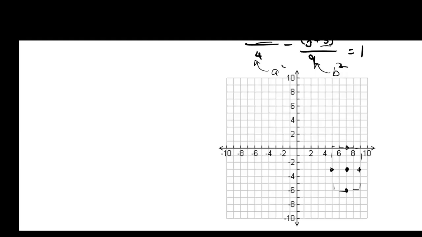Like I said before, hyperbolas will have two asymptotes going slanted. So from these 4 corners to the center, we will draw an asymptote, slant asymptote.